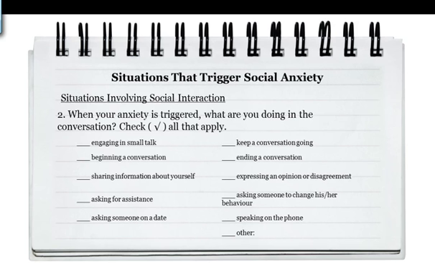So engaging in small talk, beginning a conversation, sharing information about yourself, asking for assistance, asking someone on a date, keeping a conversation going, ending a conversation, expressing an opinion or disagreement, maybe conflict, asking someone to change his or her behavior, speaking on the phone, or it can be something else that may not be listed here. Okay, so place a check mark beside all the ones that apply. That is all the situations involving social interaction.